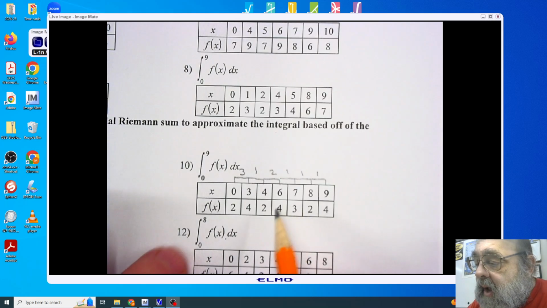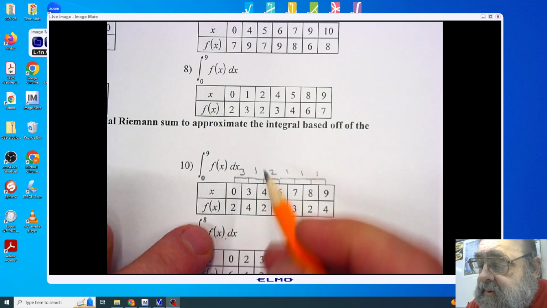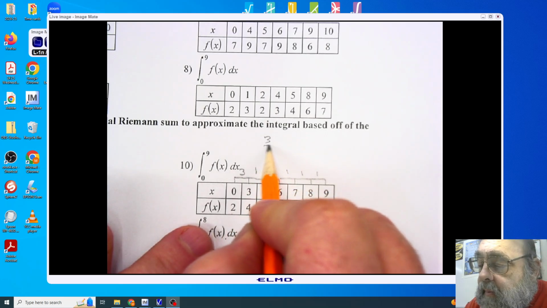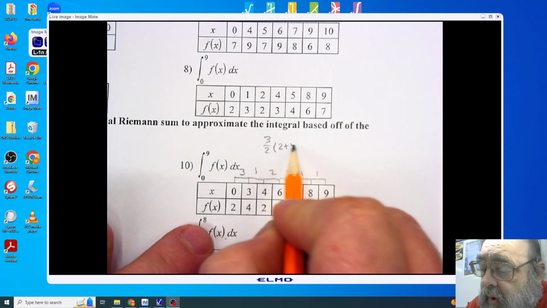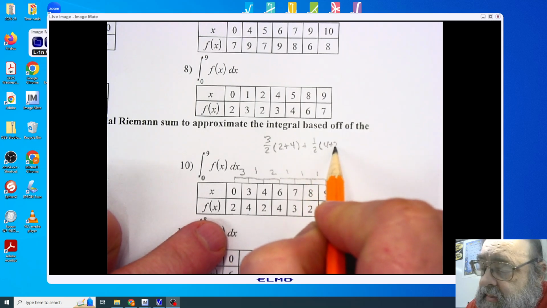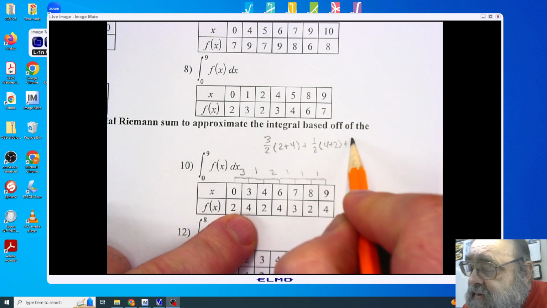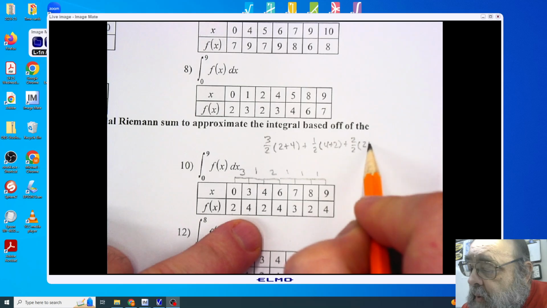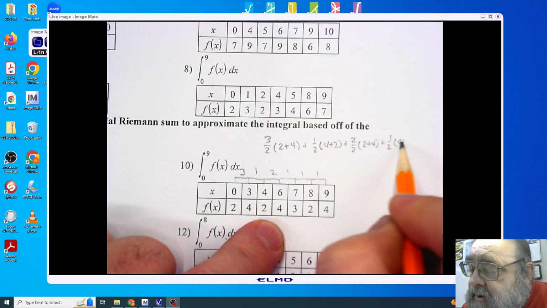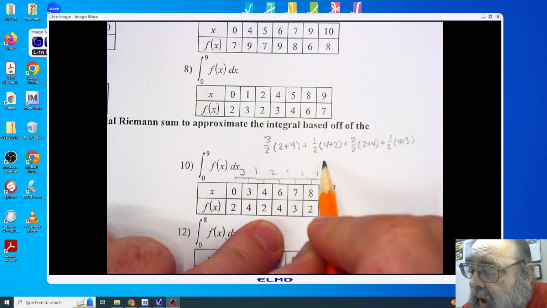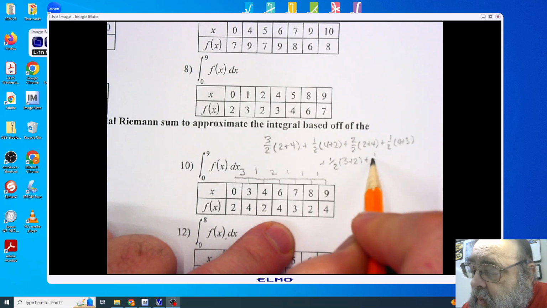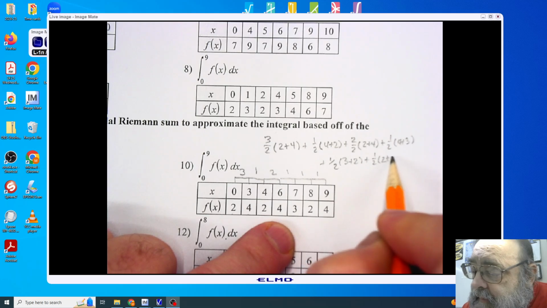We're now going to take our average of the values. Now I'm going to put my 1/2 and factor it out so that I have 3/2 times 2 plus 4, plus 1/2, 4 plus 2, plus 2/2, 2 plus 4, plus 1/2, 4 plus 3, plus 1/2, 3 plus 2, plus 1/2 of 2 plus 4.